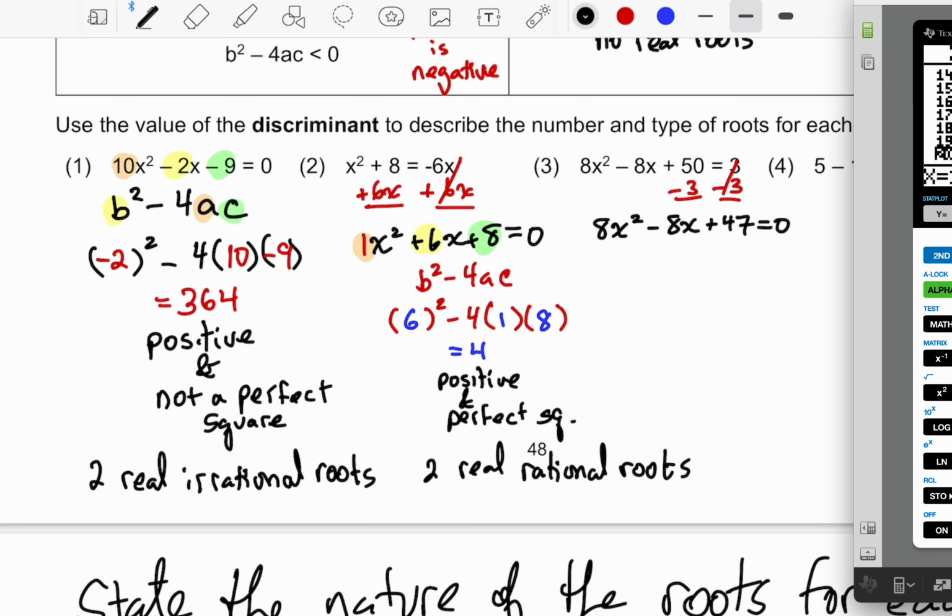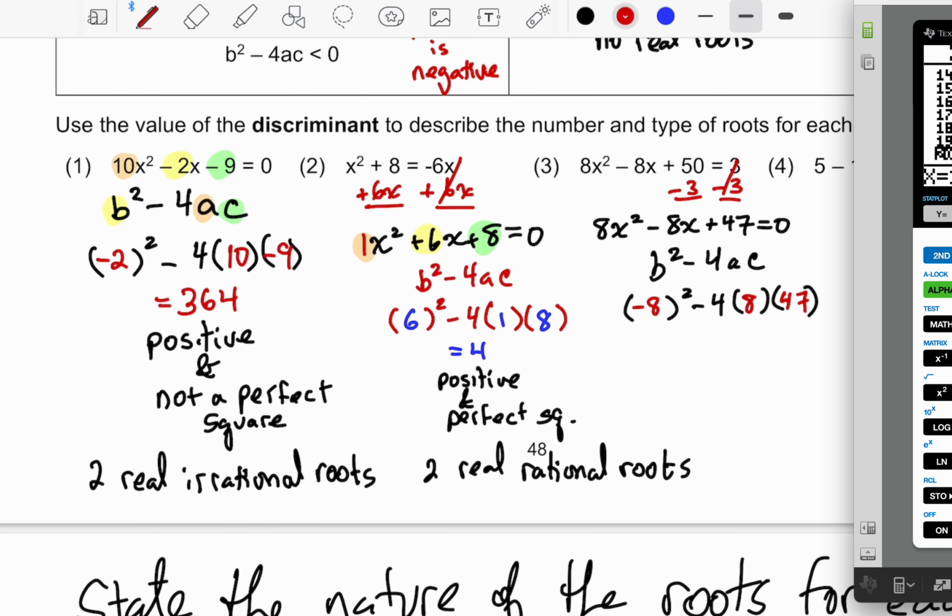All right, so b squared minus 4ac, replacing the b value in this instance with -8, the a value with 8, and the c value with 47.